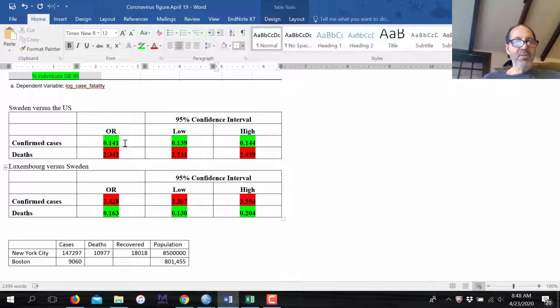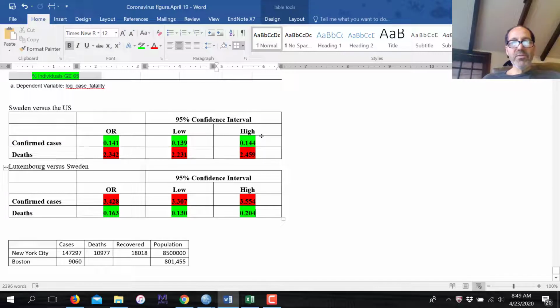So it would be 1 minus whatever the probability is of being a case. So the odds is that division, and then an odds ratio is a ratio comparing two different odds. So I'm dividing the odds for Sweden by the odds for the United States. So Sweden does have a lower odds of identifying a case.